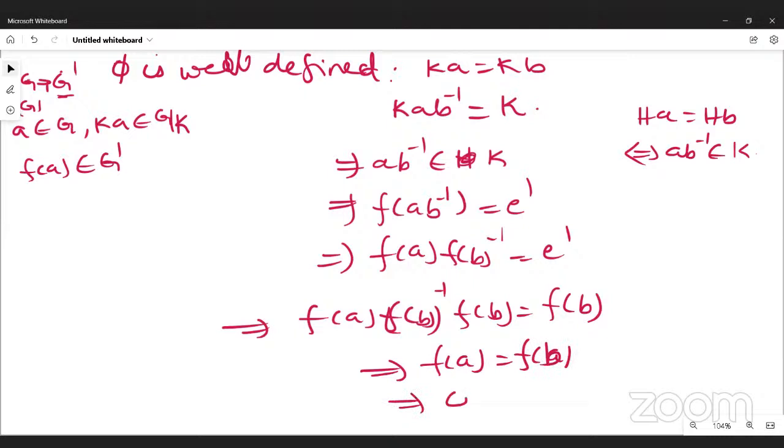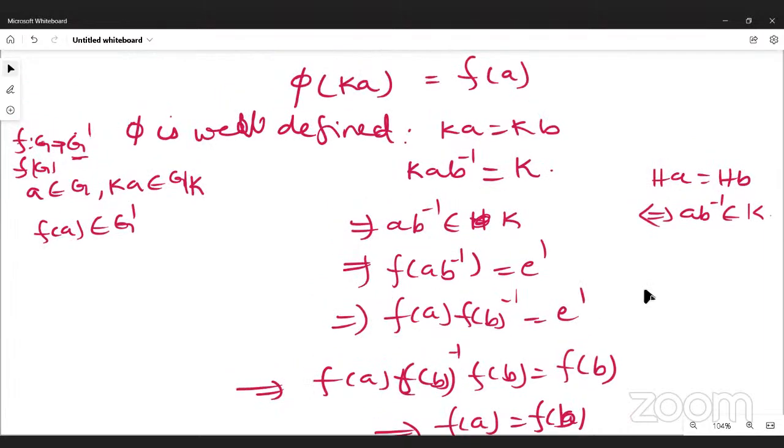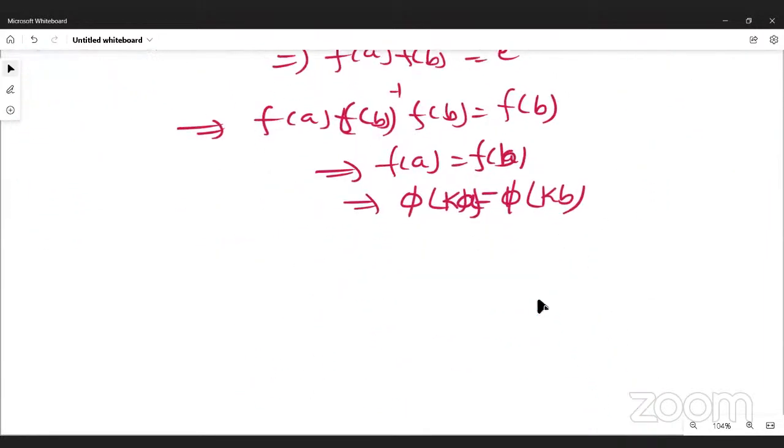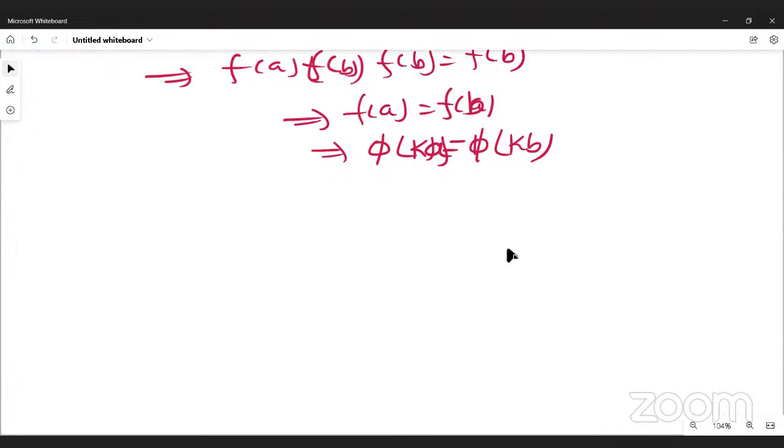This implies phi of Ka equals phi of Kb. So the function phi we have defined is well defined. Phi of Ka equals f of a, the function is well defined.